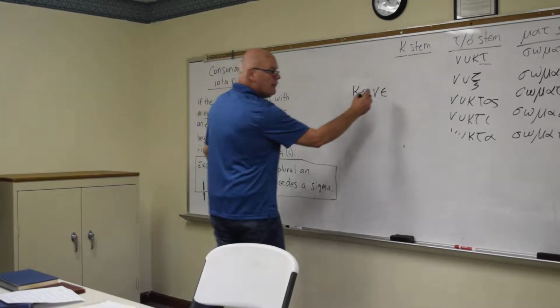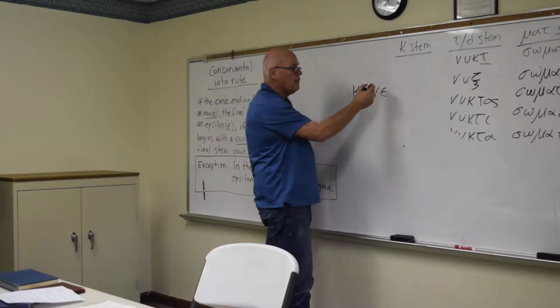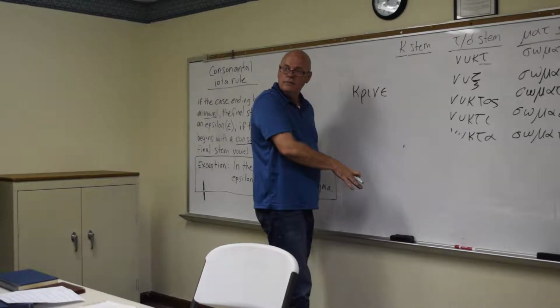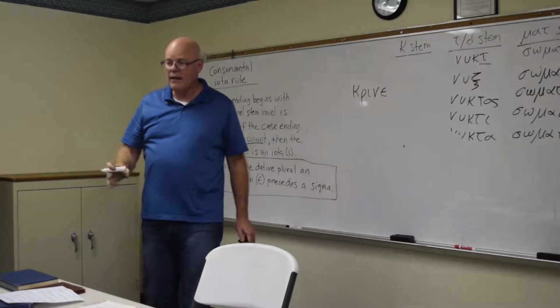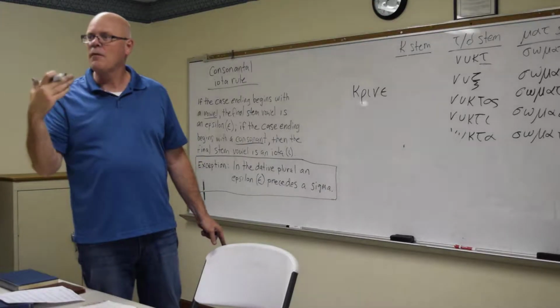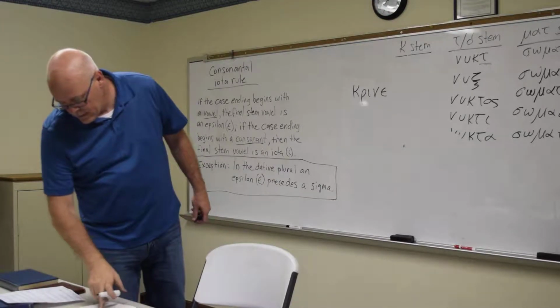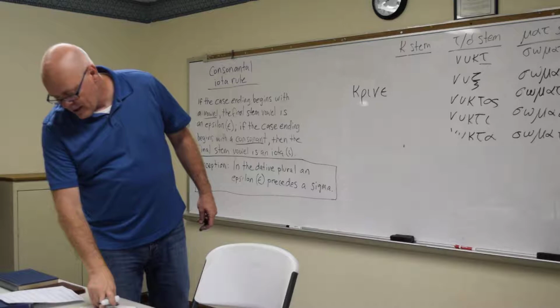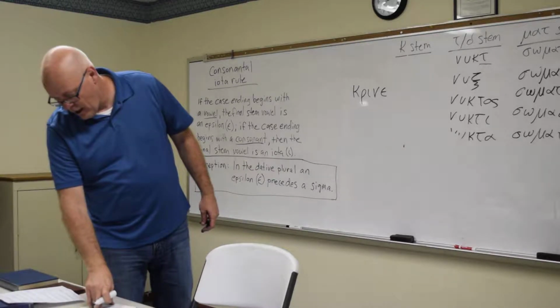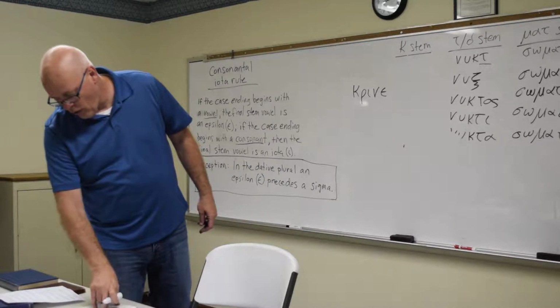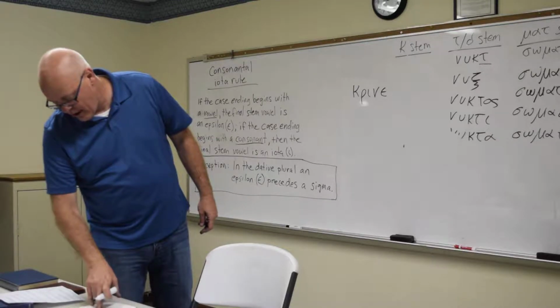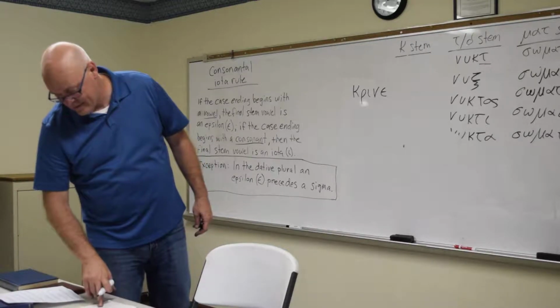Normally I would have a sigma if it's going to be a future, but I drop that. So there's not going to be a sigma, even though you kind of pretend like there is. Then the third thing is contract the added epsilon with the normal thematic vowel and accent the contracted form with a circumflex accent.